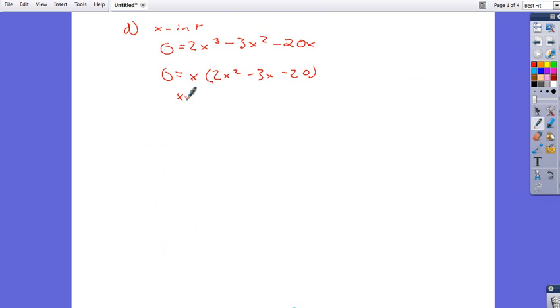X equal to 0 is one of your factors. Now you have to find out where the other x-intercepts are. You know one of your x-intercepts is 0, so you're going to have a factor here and a factor here.